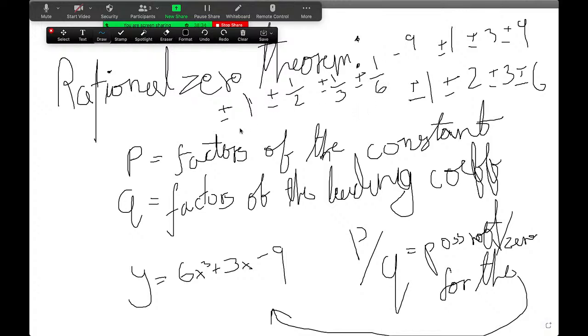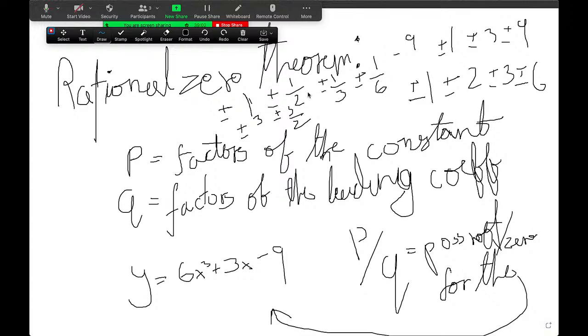So now we do 3. So plus or minus 3 over plus or minus 1 is plus or minus 3. Yeah. And then plus or minus 3 over plus or minus 2 is plus or minus 3 halves. So we don't really have to write that again. And then plus minus 3 over plus minus 6 is 1 half, which is what we wrote, so we don't write that.